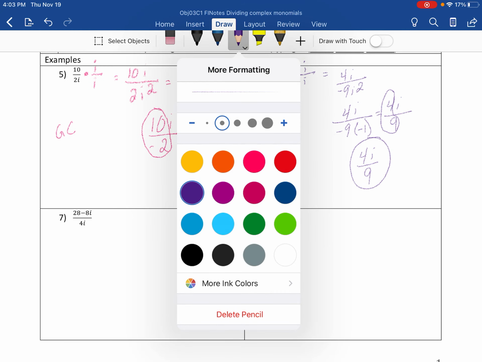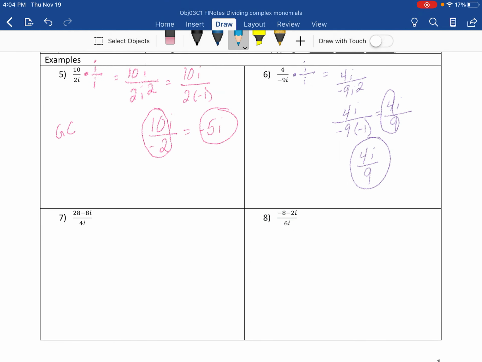These ones right here, they get a little bit more dicey. For this, the procedure doesn't change though. I want to get rid of this i in the denominator because you can't have an i in the denominator. So I multiply by i over i. So that's going to be 28i minus 8i squared. One of the biggest things you need to do is make sure you distribute.